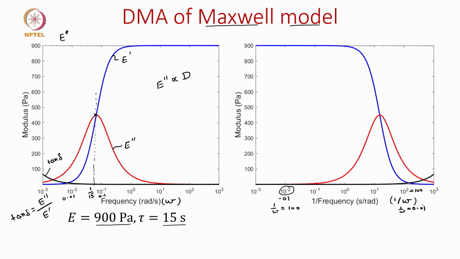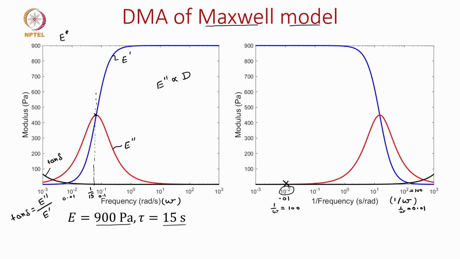So, at the point where 1 by omega is 10 power minus 2, the time scale is short, meaning it is a relatively faster test. But when 1 by omega is 100, it is a low frequency test. It is just a flip: compared to the left and right, the x axis is flipped.